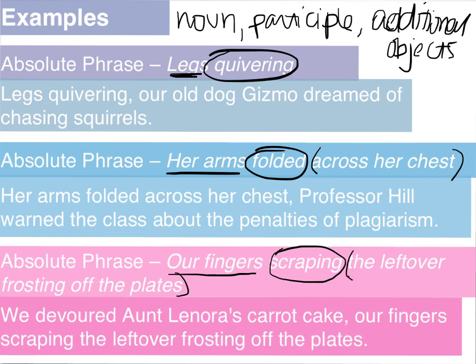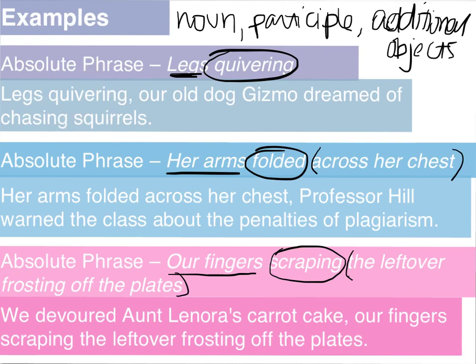So let's see how they work, knowing that we've got all the components of an absolute phrase. Absolute phrases can be placed at the beginning, in the middle, or at the end. The three examples I have here have them just at the beginning or the end. In this first one, legs quivering comes right in the beginning.